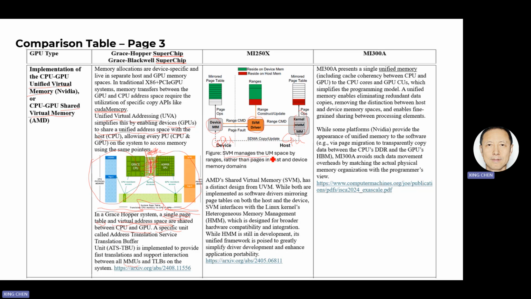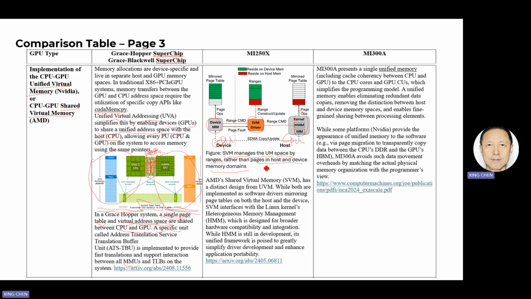SVM manages the unified memory space by ranges rather than pages in host and device memory domains. We won't dive into the details, but for Nvidia, they manage the page table by pages, and here the page table is managed by ranges. A range is multiple pages.